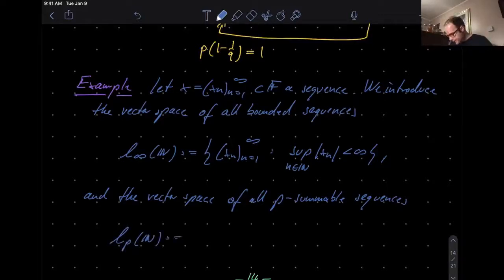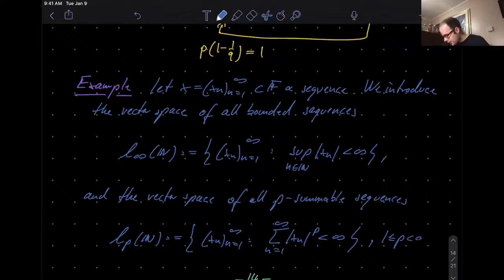Well, there you don't have to introduce new spaces because continuous functions are integrable, but here it's slightly different. So there we look at the ones where xn raised to the power p and then summed over all the n's is finite. And again, p at least 1, but staying away from infinity.